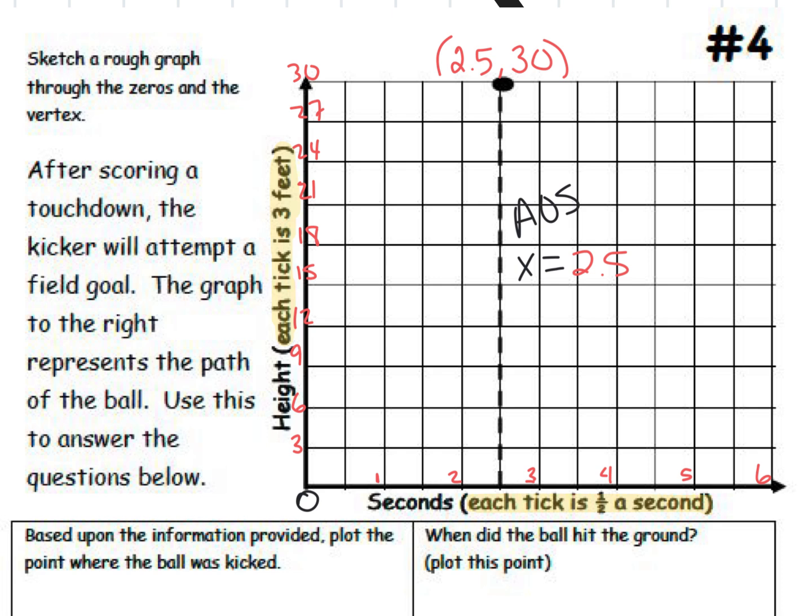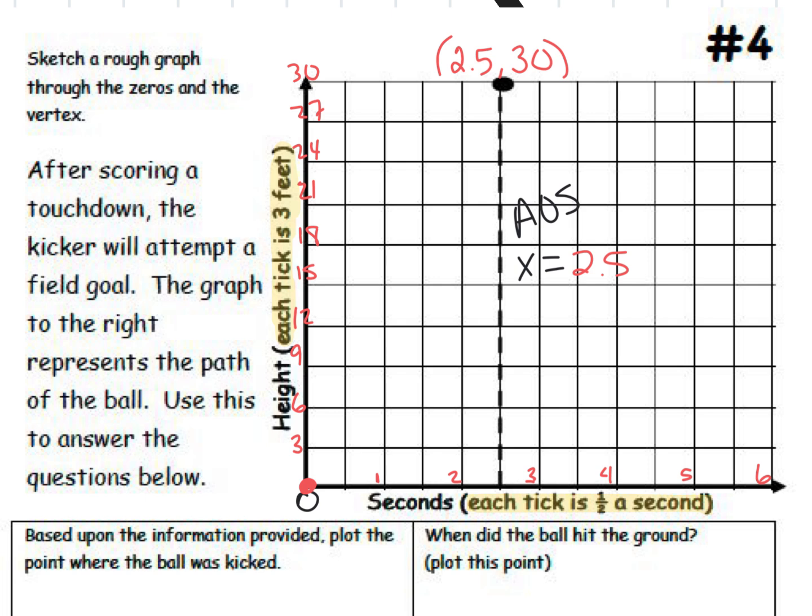I don't remember what that's actually called, but they hike the ball to him, and that ball is physically on the ground when the kicker kicks it. So our kicker is starting at 0, 0. Does that make sense? It's not like when they kick the ball off at the beginning and it's on the little T, where it's off the ground. It's physically on the ground, so we're starting at 0, 0.